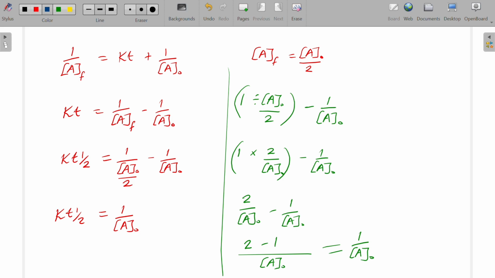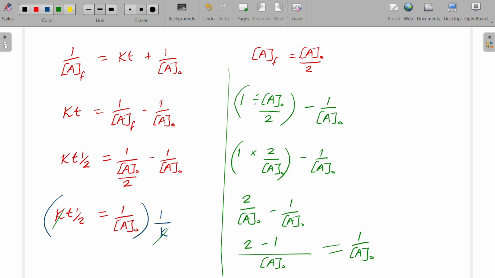When you reach this state now, all we have to do is make T the subject by multiplying by 1 over k, so that the k on the left-hand side can cancel. So after doing that, this k and this k will cancel, but this k here is multiplying by this, and the 1 is multiplying by that.